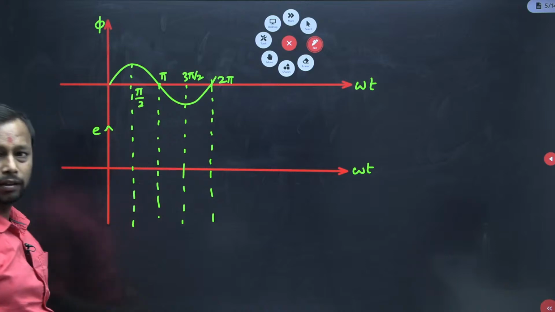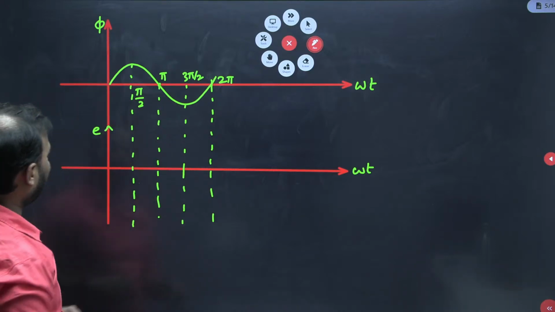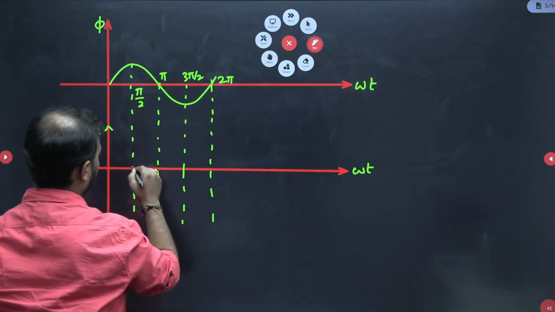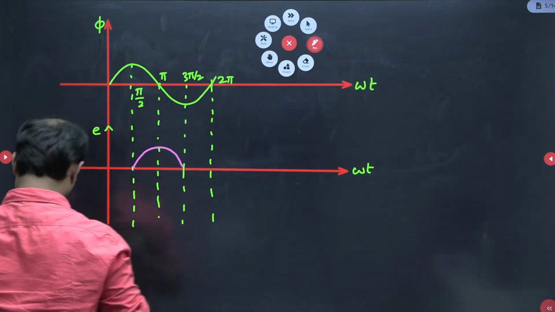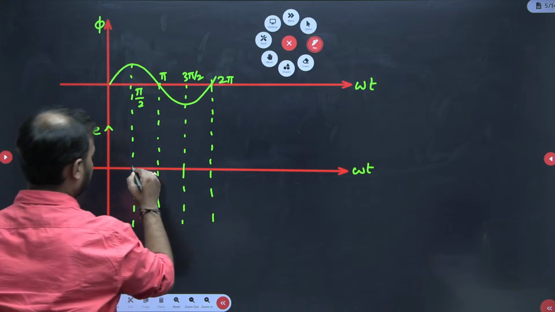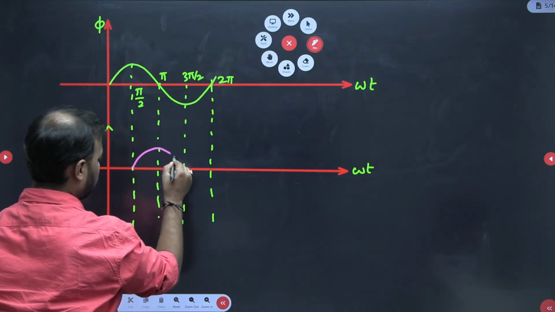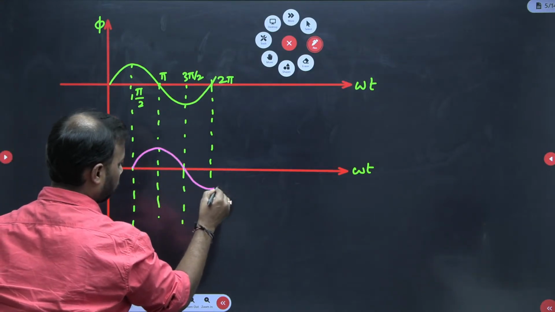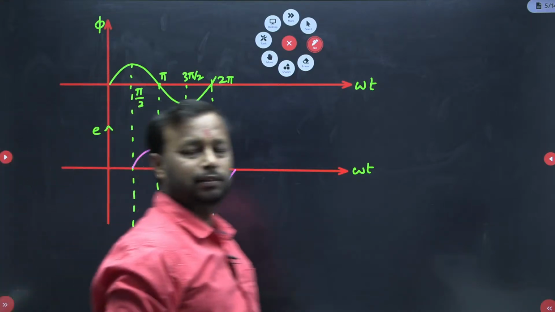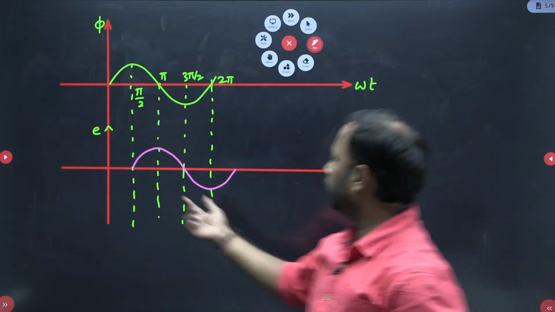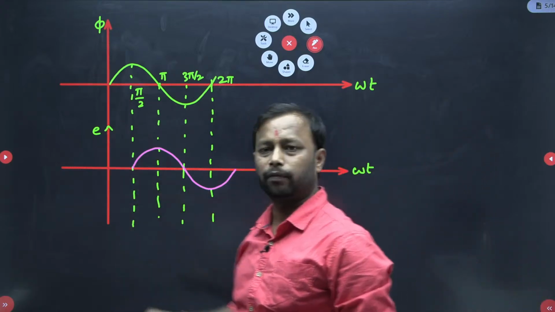We know that EMF is going to lag by an angle of 90 degrees, so it will start from here and come like this. Did you understand? After 90 degrees your EMF is going to start.